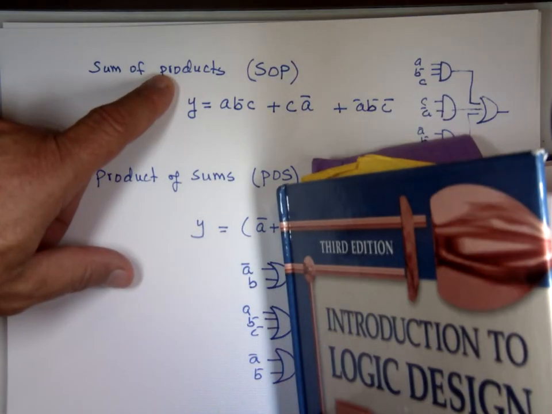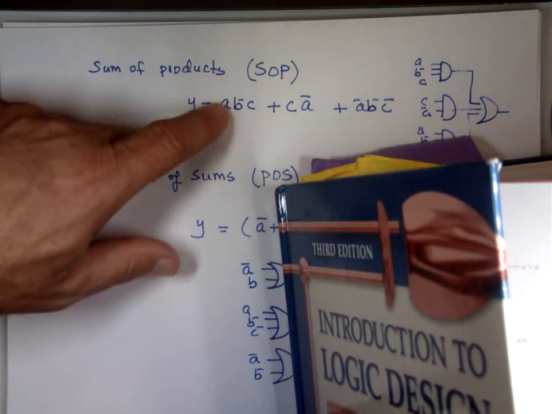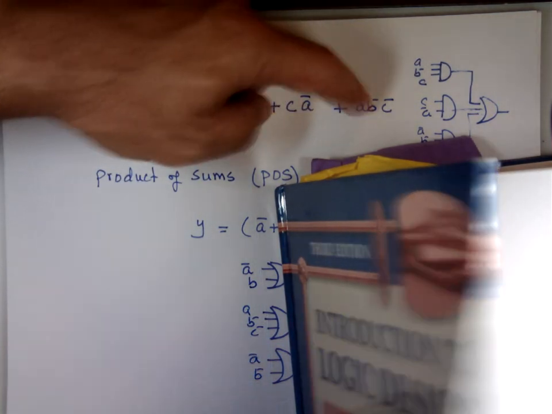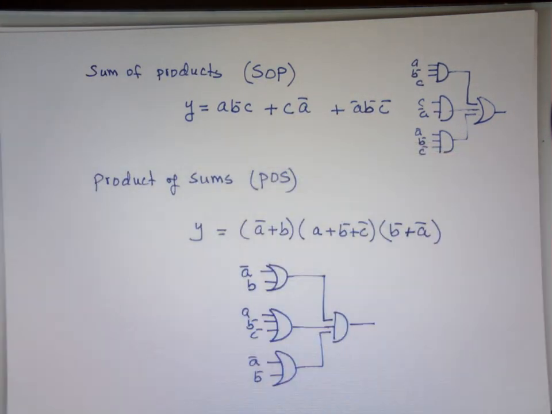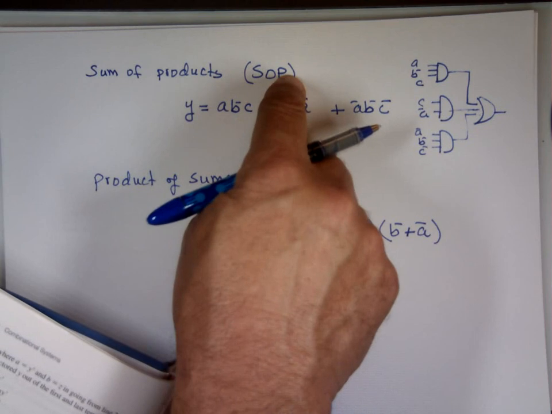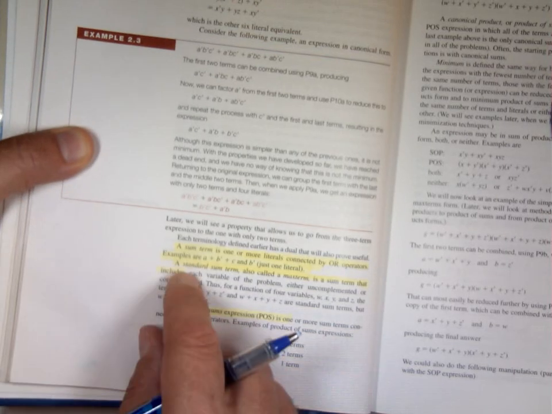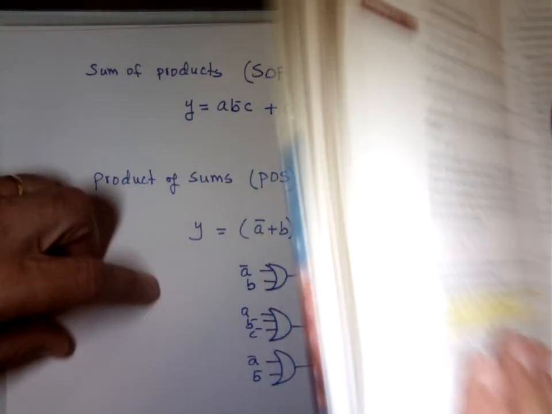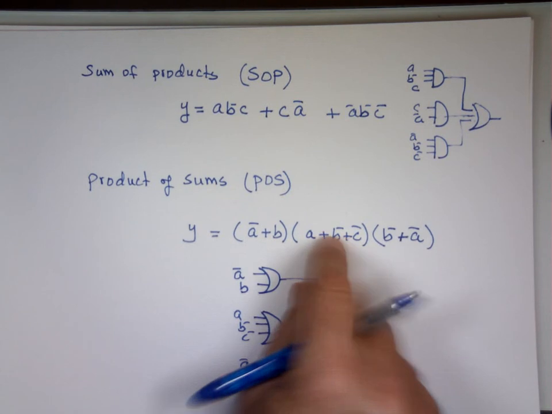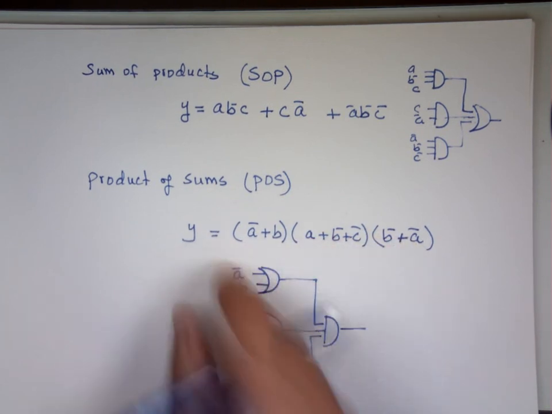So we call this max term, we call this min terms. Each one of these is a max term. When we're talking about the sum of product, you might hear me use the word min terms. It says here, a standard sum term, that's a sum, is also known as a max term.